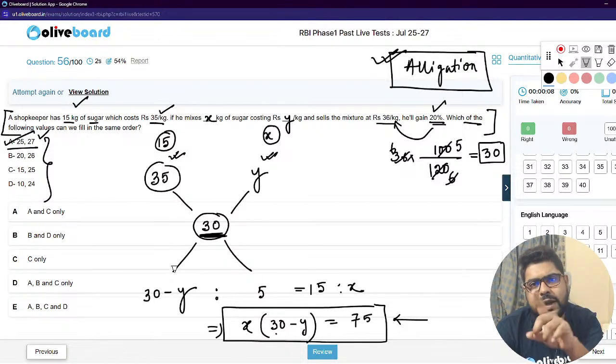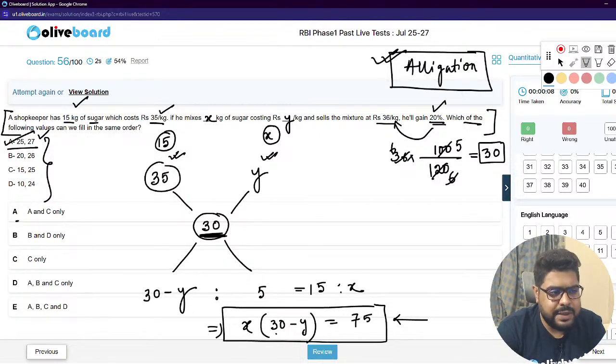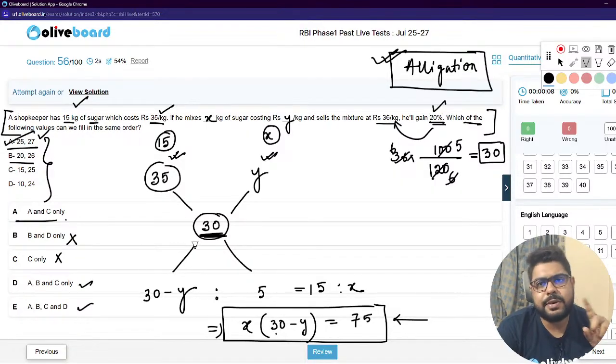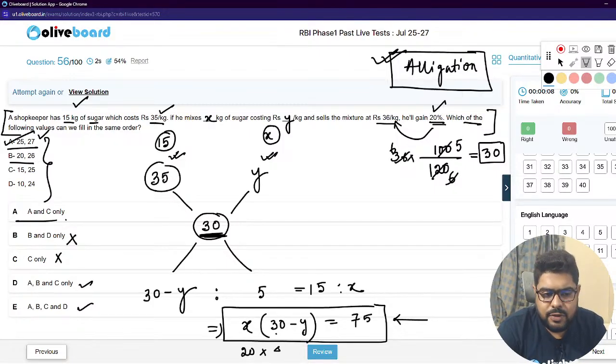Now once option A is following, it means A can be the answer, and some other combinations cannot be the answer. Now let's check B. B is 20. If I put 20 here into 30 minus 26, sorry, that is 4, it must be 80, but it is 75.